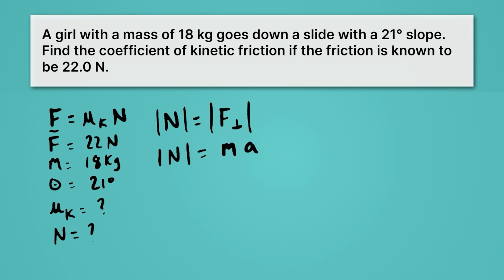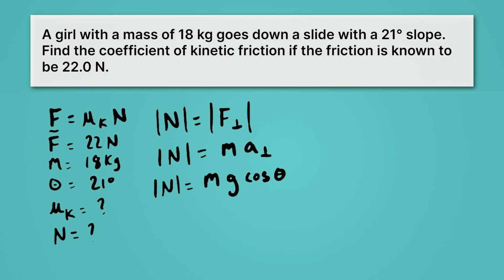But it's not just any old acceleration, it's acceleration in the perpendicular direction. And that's because we're looking at the force in the perpendicular direction. And so that means that the normal force is equal to mass times acceleration in the perpendicular direction. We know acceleration in the perpendicular direction is equal to g cosine theta. So we can just plug in g cosine theta for that acceleration in the perpendicular direction.